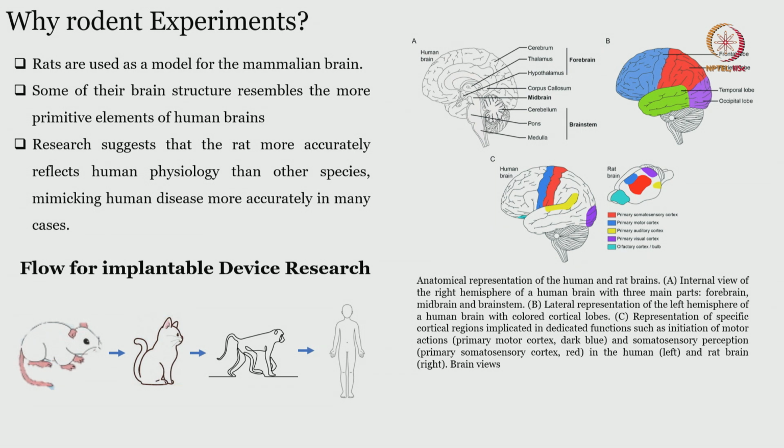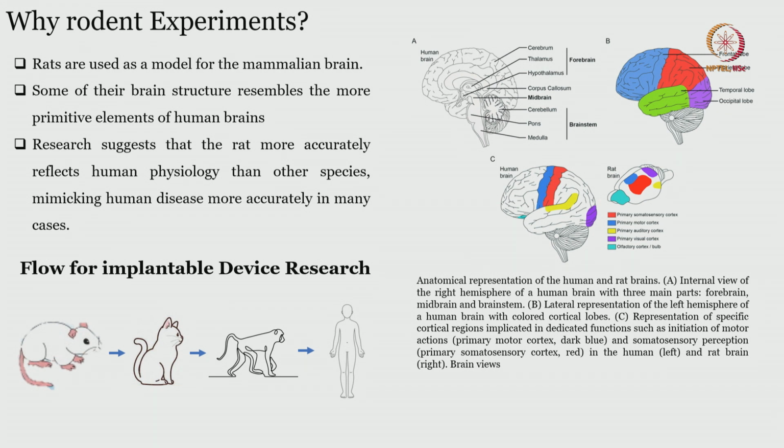We will talk about the anatomical representation of humans and its brain: what are the primary cortex, primary sensory cortex, or what are the frontal lobes, parietal lobes, temporal lobe, occipital lobes, how the cerebrum is there, where is the thalamus, where is the hypothalamus, where is the midbrain, where is the pons, where is the medulla, and so on and so forth.